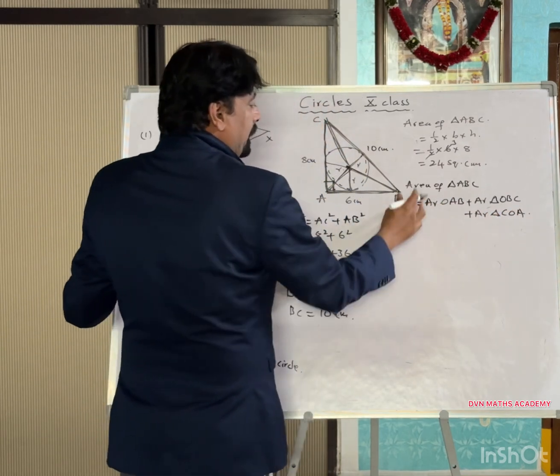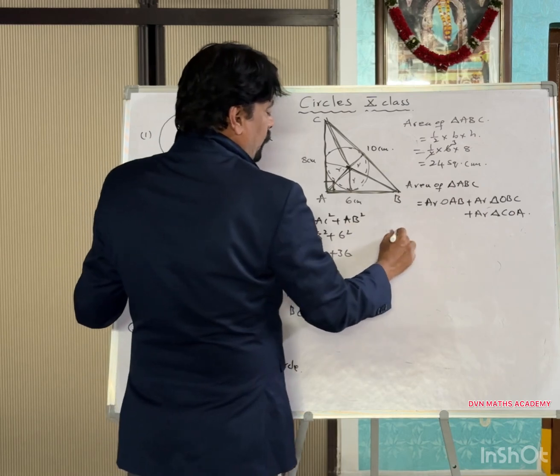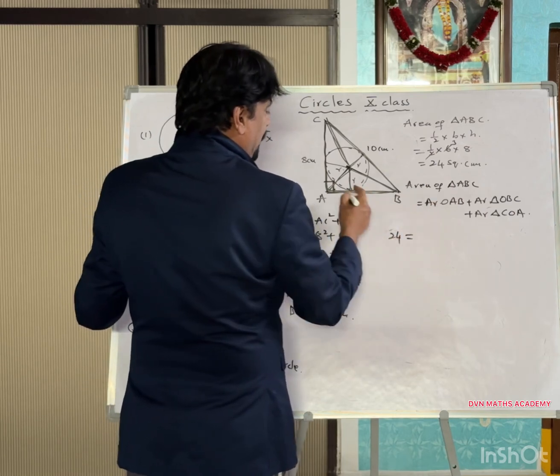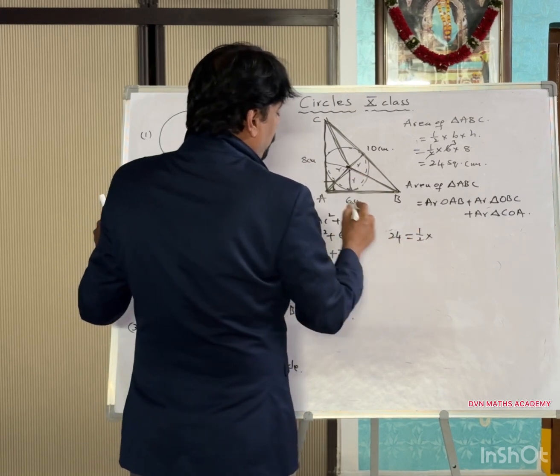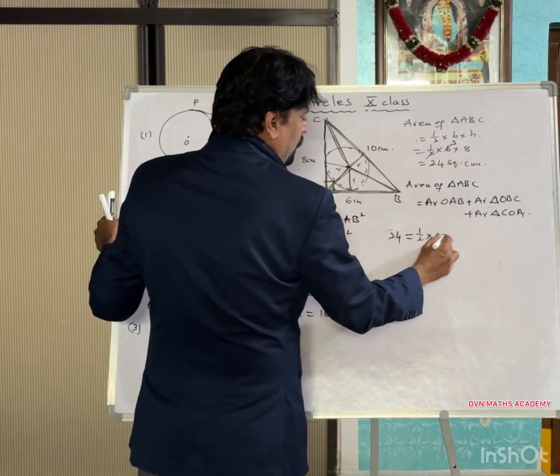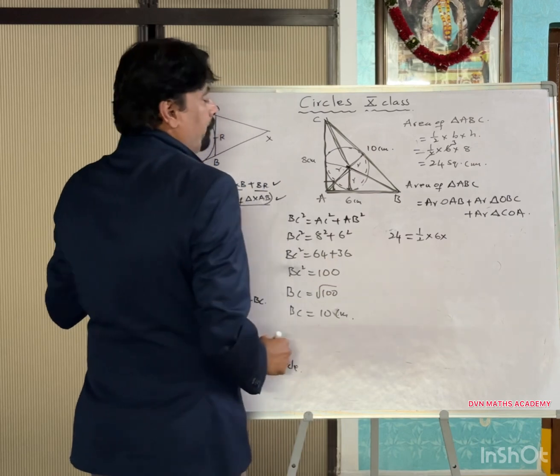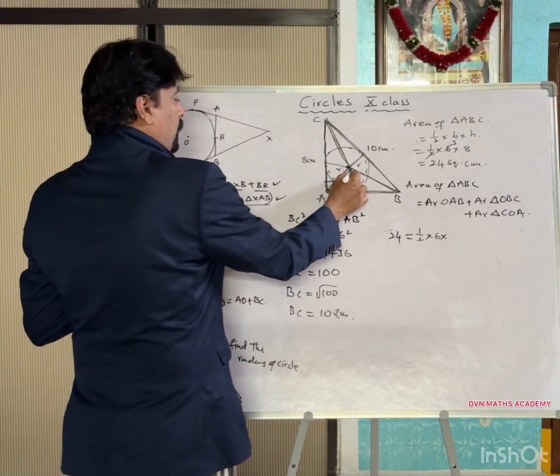So the area of triangle ABC, you know that is 24, is equal to the area of triangle AOB. This triangle is half into base 6 centimeter, and the radius is perpendicular to the base because of the other theorem.